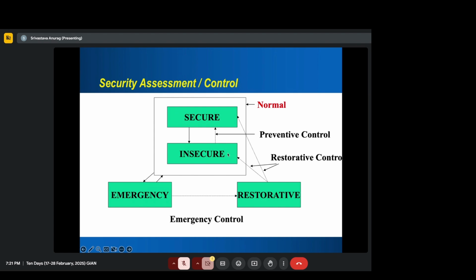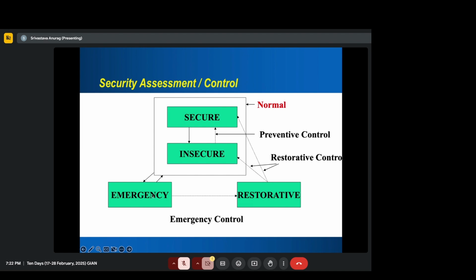Then the question becomes, in an operational stage, which means that we have done this analysis and we expect that the system will not create a problem even if those contingencies happen. But for some reason, maybe the contingency was more than what we have done analysis for, which means that three outages happen.